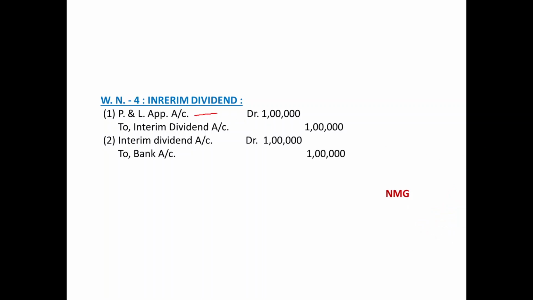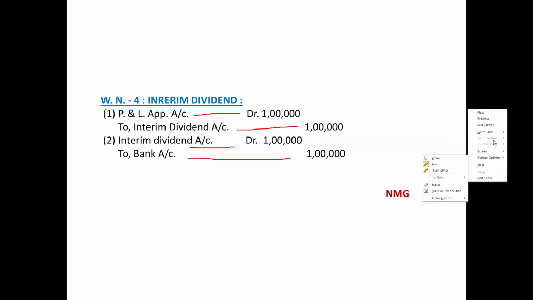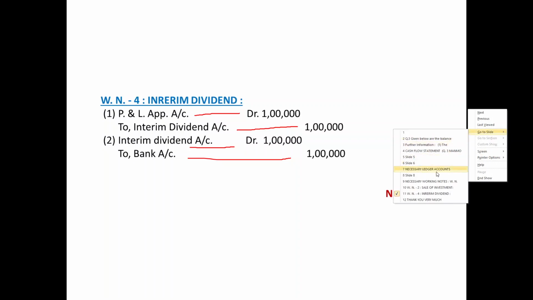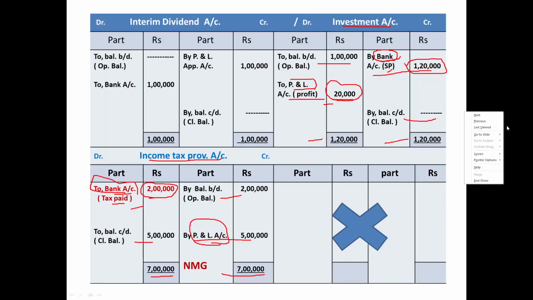First JE, profit and loss appropriation account debited rupees 1 lakh to interim dividend account credited rupees 1 lakh, and then payment. Interim dividend account debited rupees 1 lakh to bank account credited rupees 1 lakh. Costing impact in the concerned ledger account, interim dividend account.